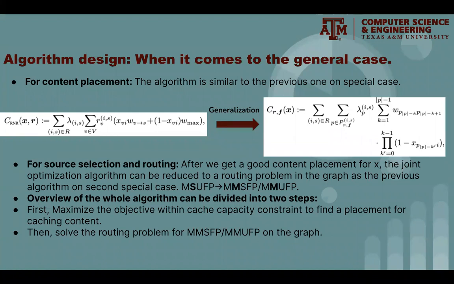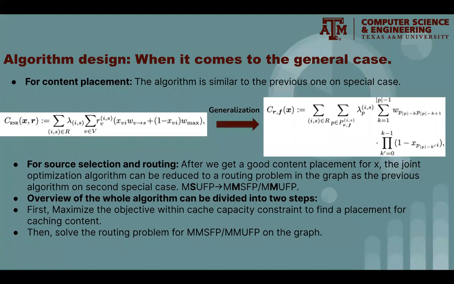For content placement, which is investigated in our first special case, the algorithm is very similar, but we need to generalize our optimization goal to a general case. For source selection and routing, which is investigated in our second algorithm part, after we get a good content placement X, the joint optimization can be reduced to a routing problem in the graph as in the previous algorithm on the second special case.